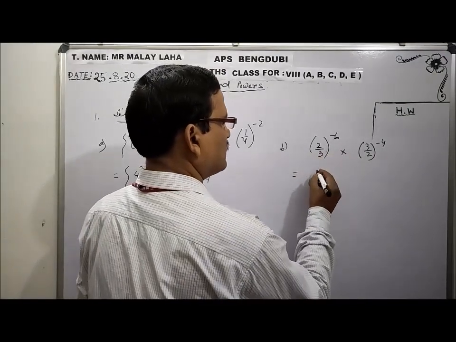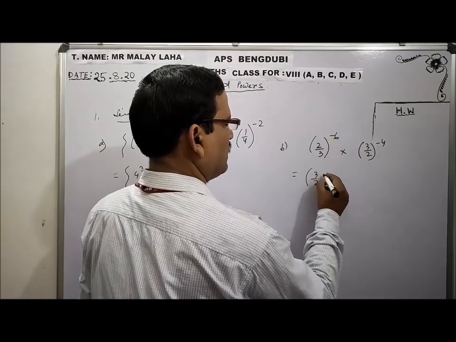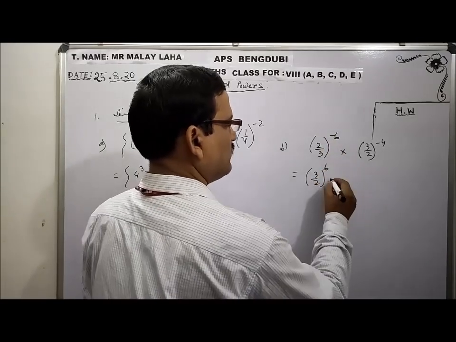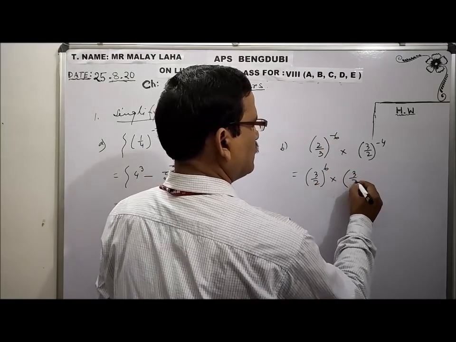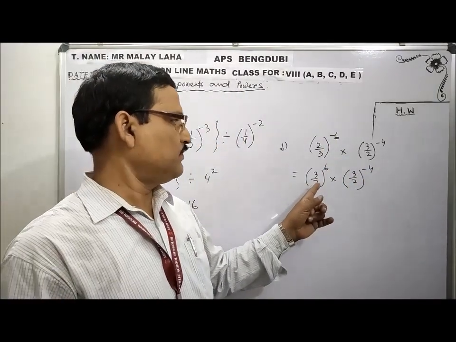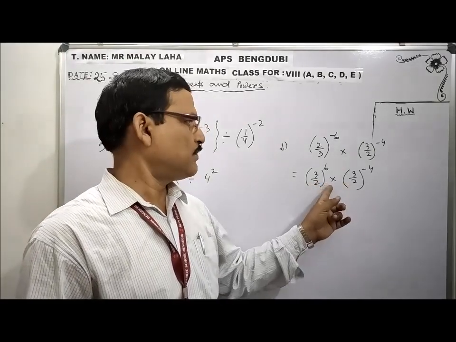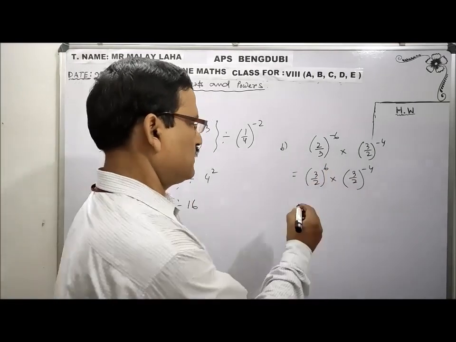Let's see the first one. If I convert, the negative will become positive, so it will be (3/2) raised to 6, and (3/2) raised to minus 4. Now it is in proper form, both having the same base. In case of multiplication, we have to add the powers.